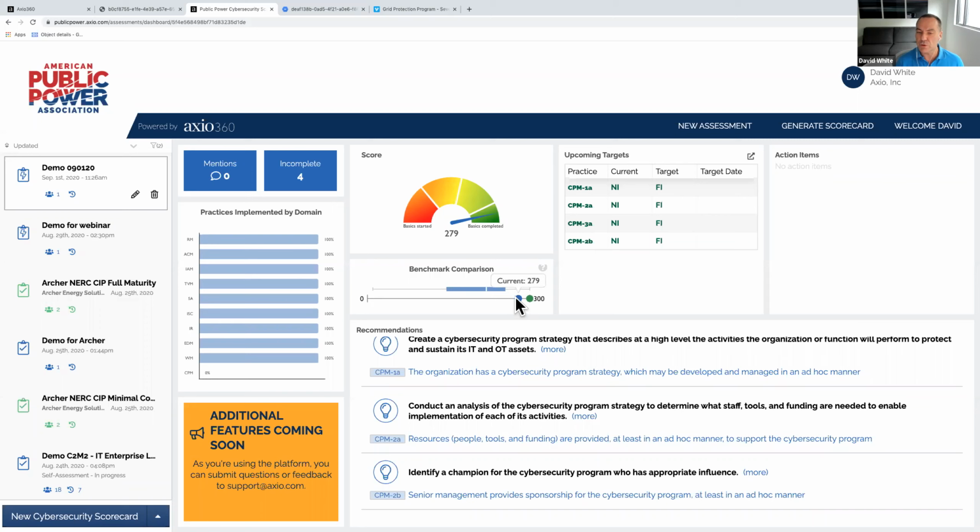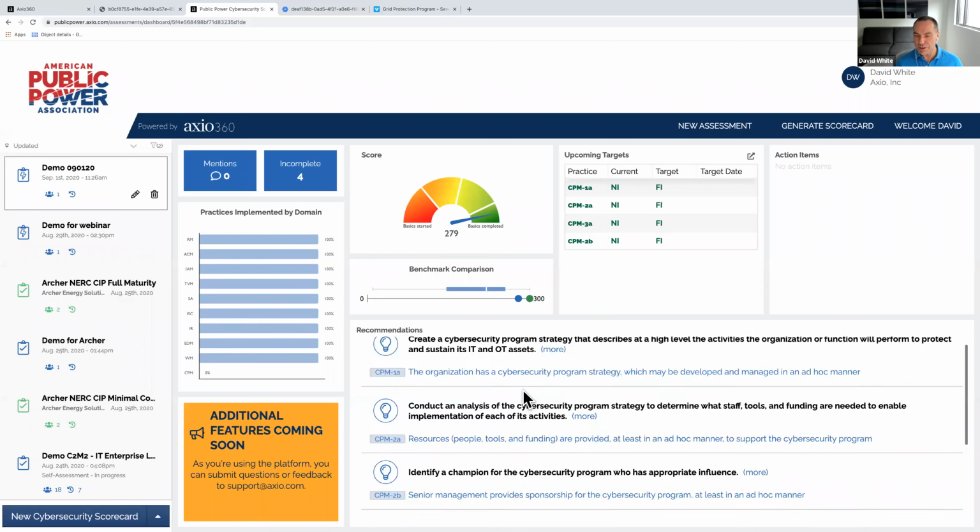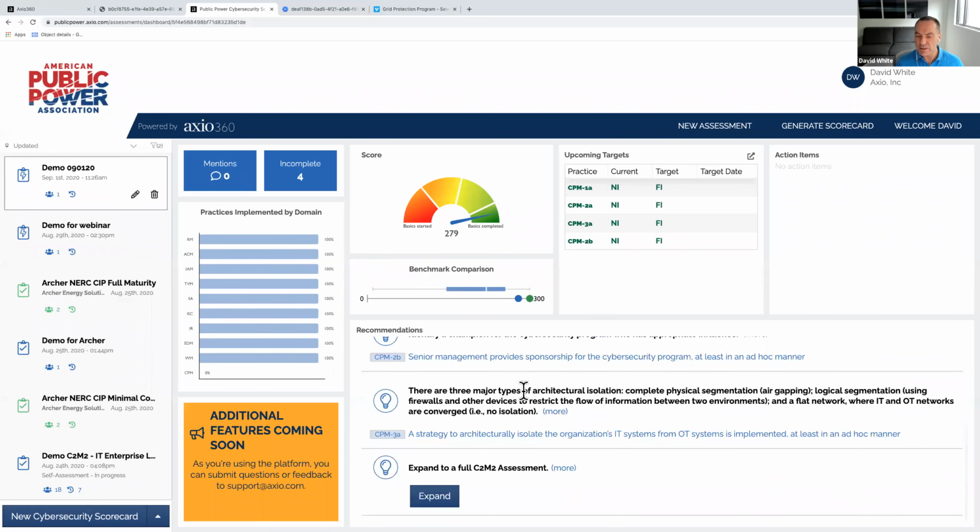So if this was your score, you could say to your management, hey, we just completed the scorecard and we scored in the 4th quartile. We're in the top 25% of utilities that have completed the scorecard. And we're going to follow the recommendations that APPA has made in collaboration with Axio from our dashboard here. And notice that the final recommendation is to expand to a full C2M2 assessment.